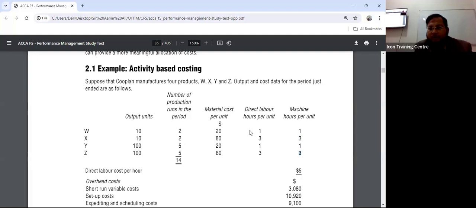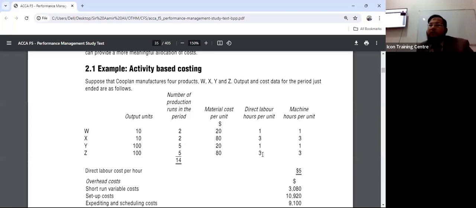But if we consider the material cost per unit, W and Y are consuming less, but X and Z are consuming more. If you look at direct labor hours per unit, W and Y consume 1 hour, whereas X and Z consume 3, and the same for machine hours, right?